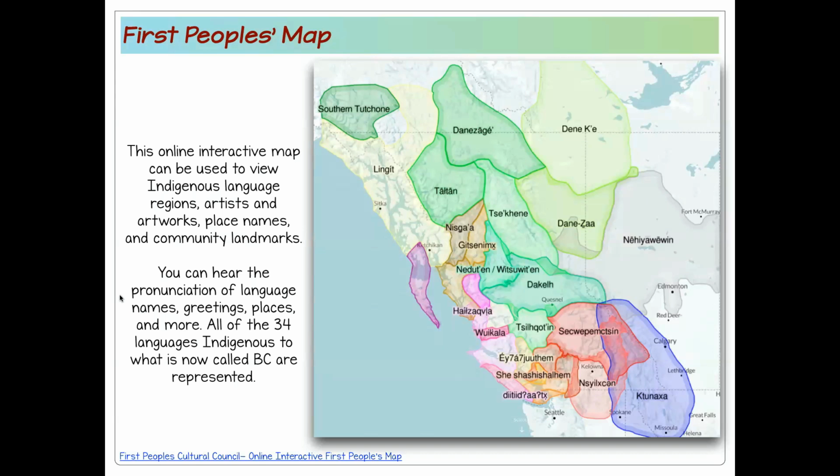All of the 34 languages Indigenous to what is now called BC are represented here. You can see a visual of those different places and the place names. This is an interactive map looking at language and pronunciation.